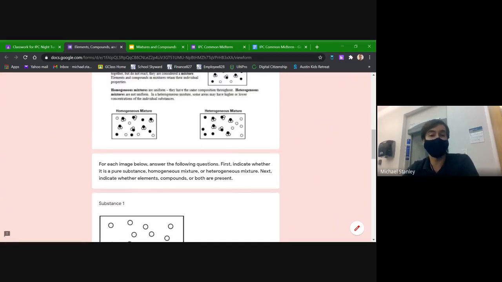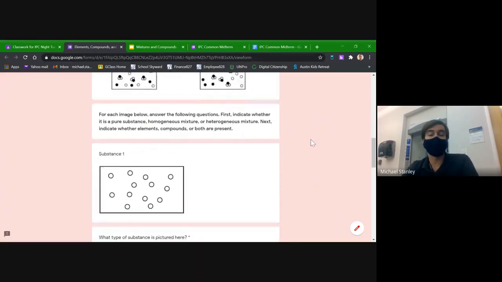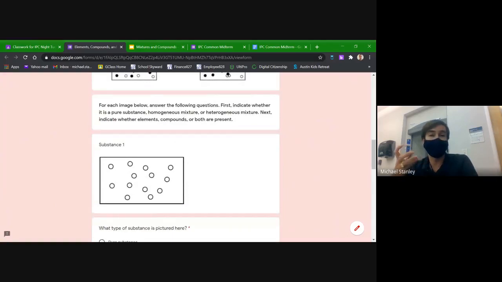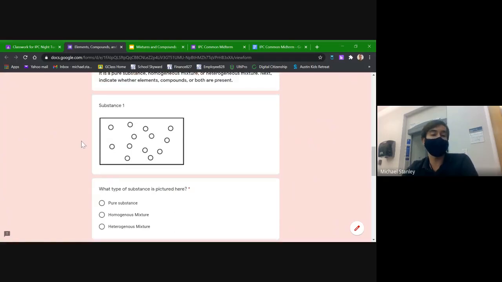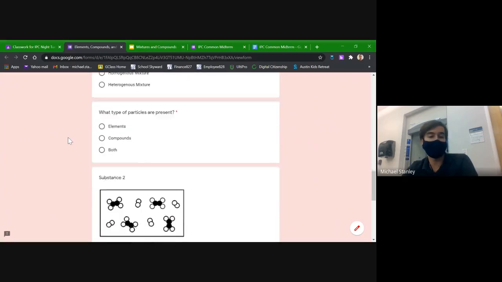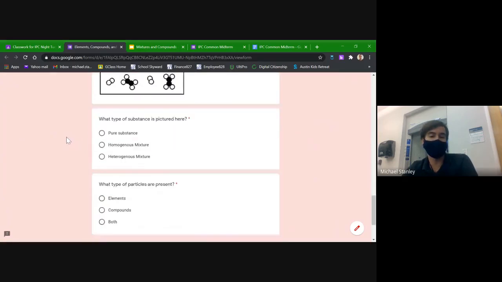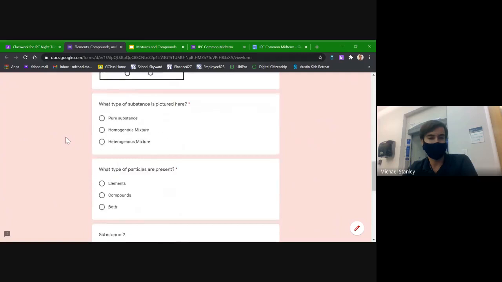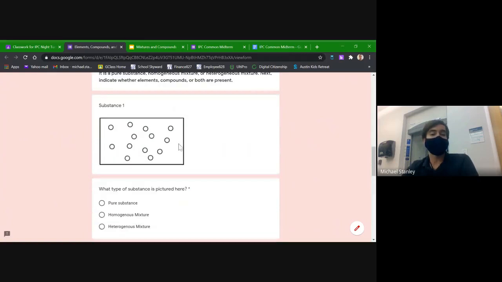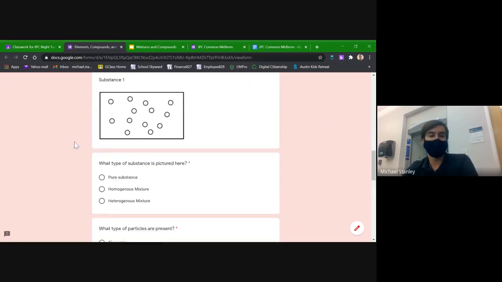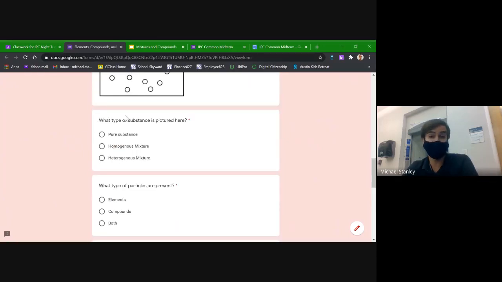So for the actual homework, it's essentially the same for tonight, Tuesday, as well as your Wednesday homework looks very similar to this. So you're gonna have a series of pictures. I think on Tuesdays, the homework for tonight is just 2 pictures. And so for each picture, for each substance, you have to tell me what type of substance it is.